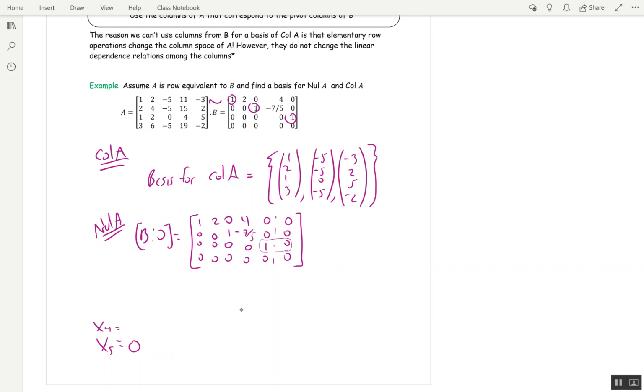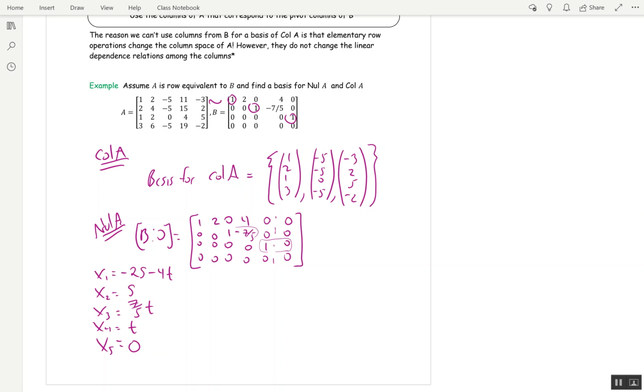So x4, I'll call it t. X3, reading this equation here, x3 is 7/5 t. X2 is free, I'll call it s. And finally, x1 is -2s minus 4t.